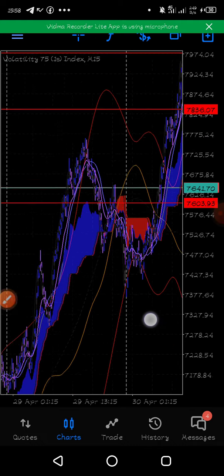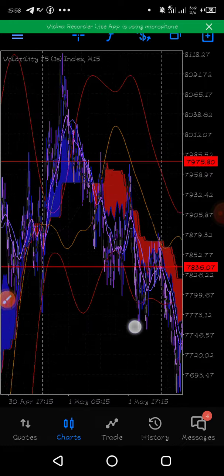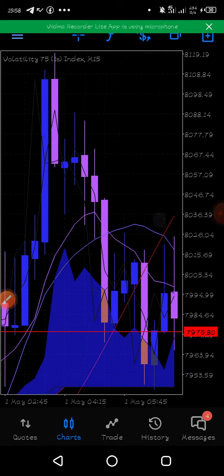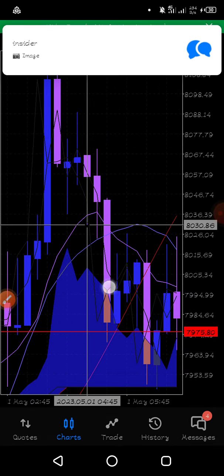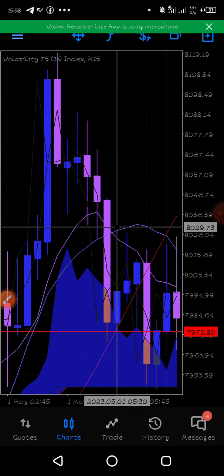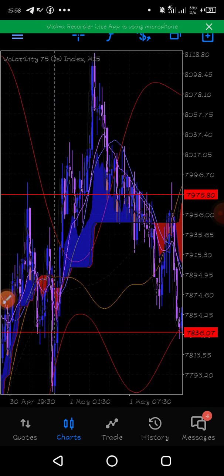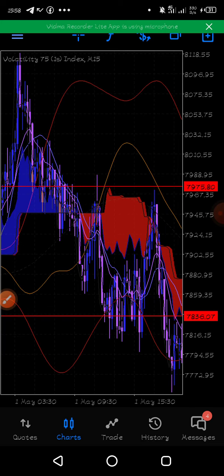Now, the first one is that when you want to see a change in direction of the market, I'm zooming out, look at this cross. This is the very point you spot an entry reversal, which means that at this very cross, you know in your mind that, oh, the market is trying to reverse.